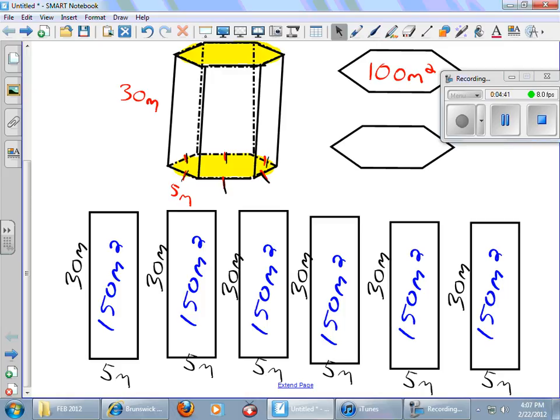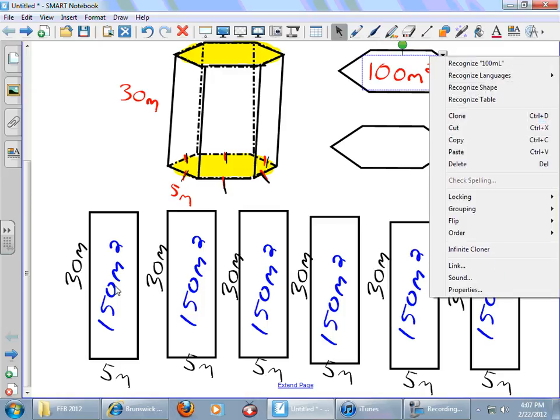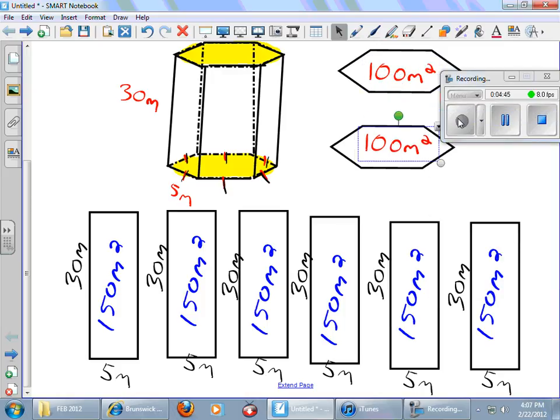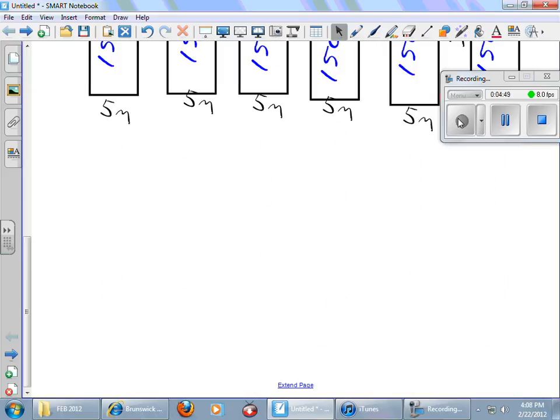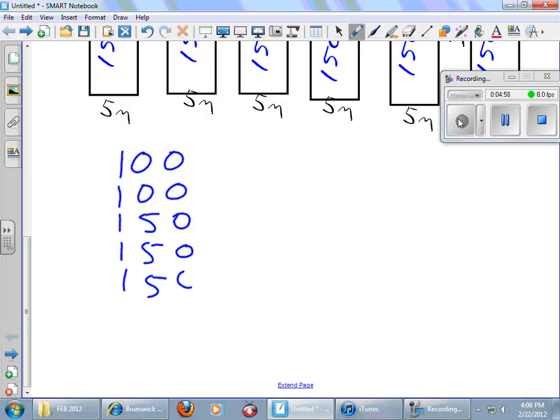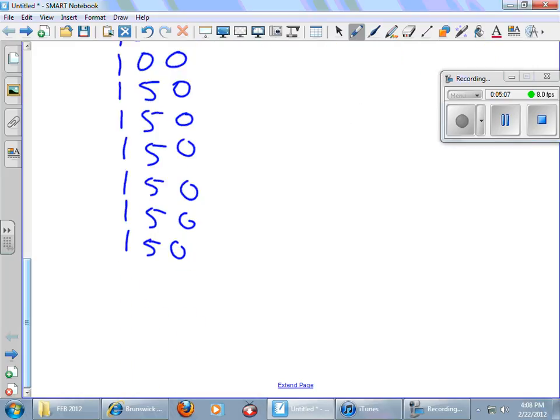Now remember, I already had the 200, and then I have 150 six different times. So I have 100, 100, 150, 150, 150, 150, 150, and 150.